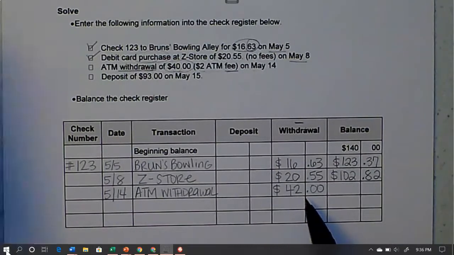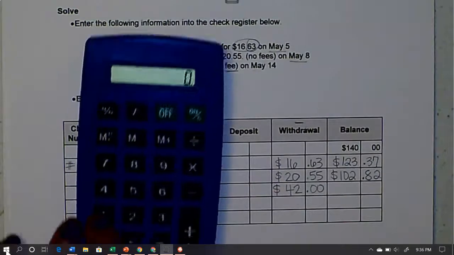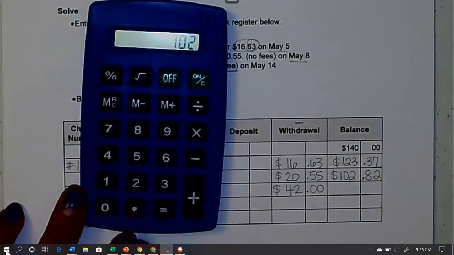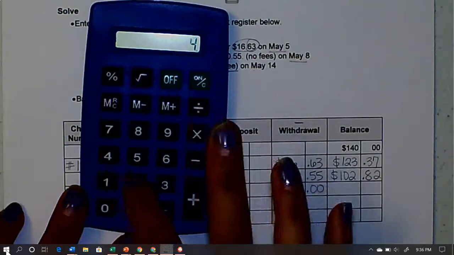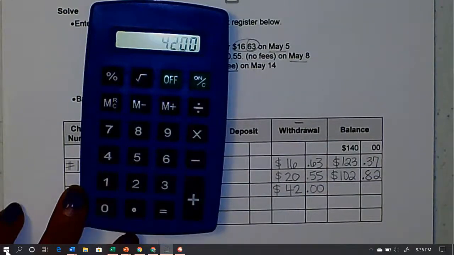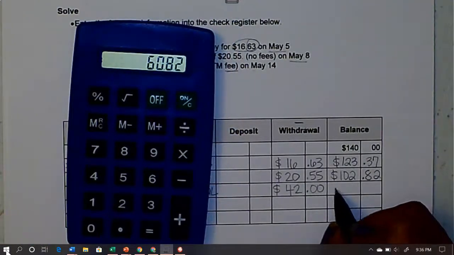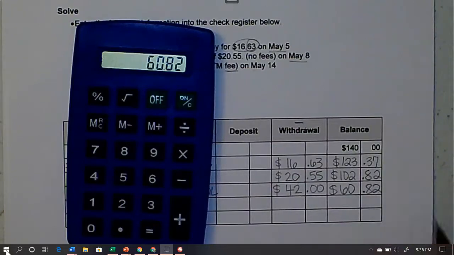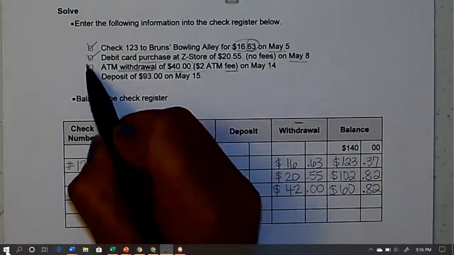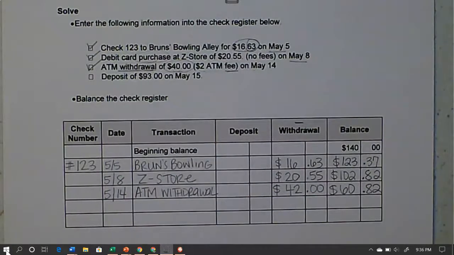So I'm going to subtract $42. $102.82 minus $42.00, and I'm going to get $60.82. Moving on to the last transaction, it says a deposit of $93 on May 15th.